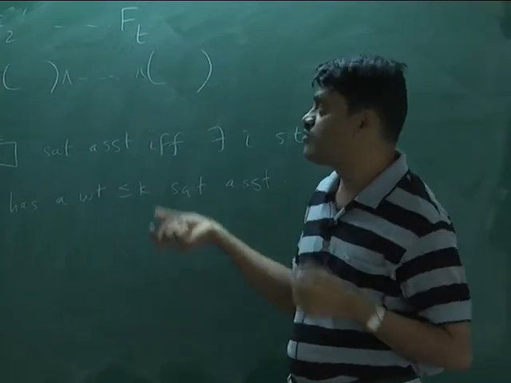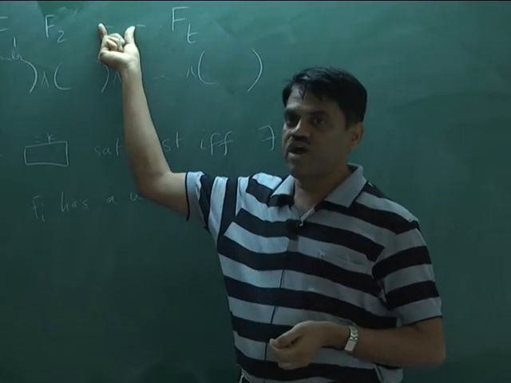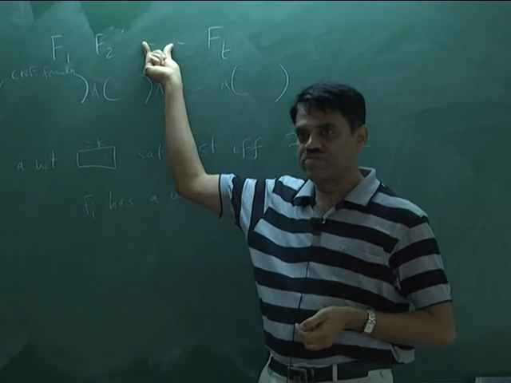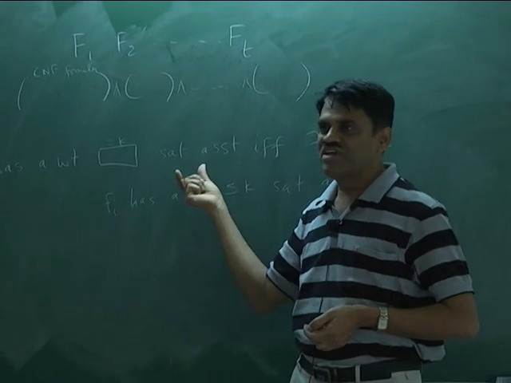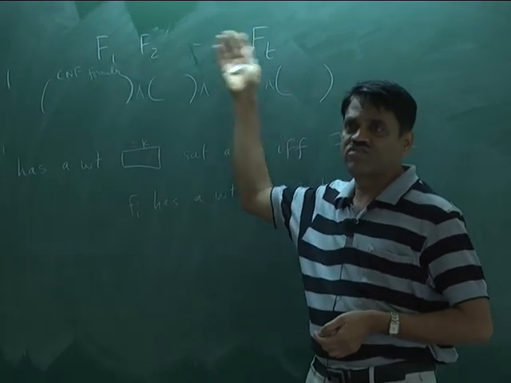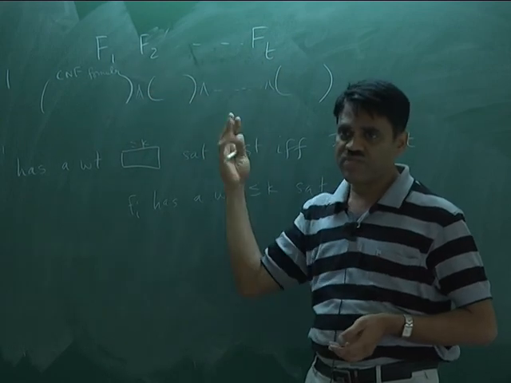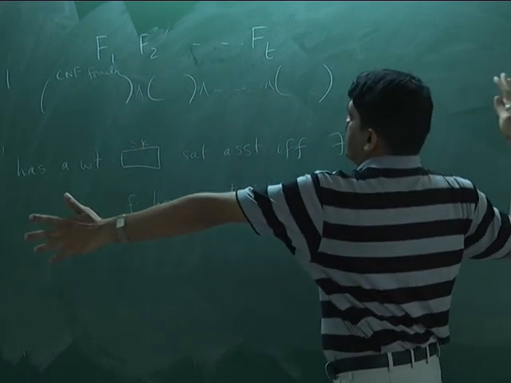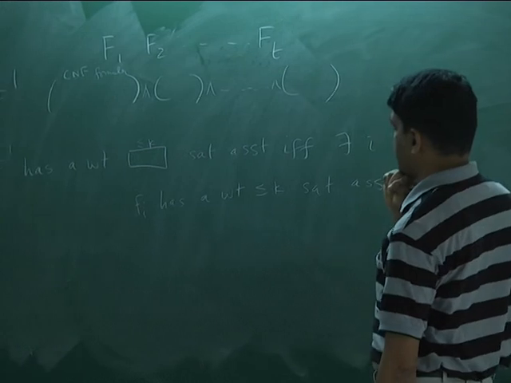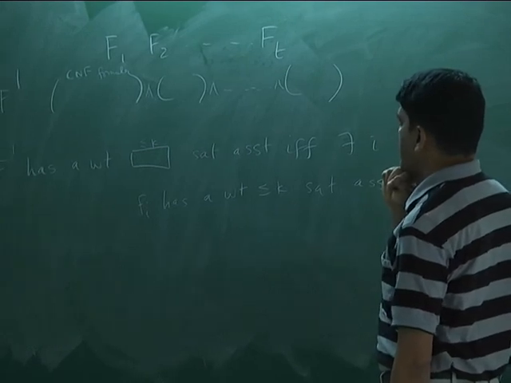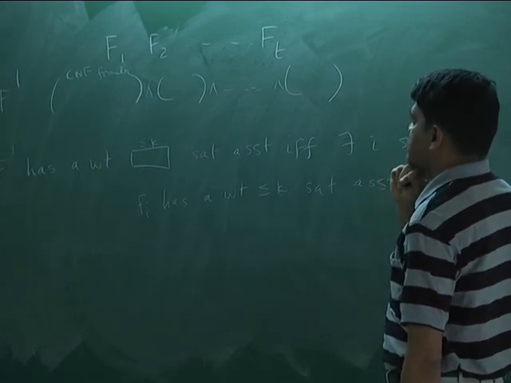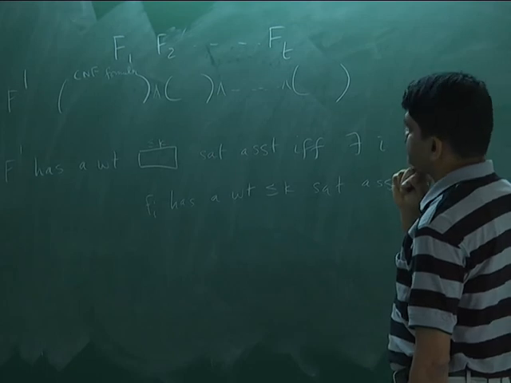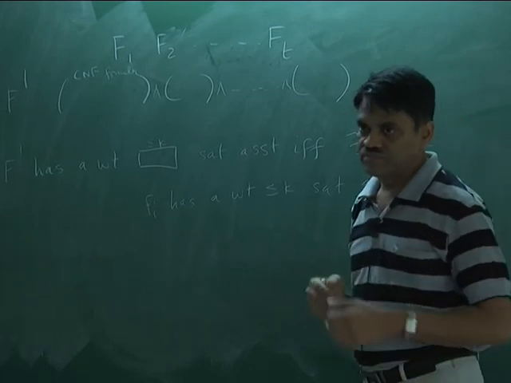If you have some fi which has a weight k satisfying assignment, if I use the same assignment, there is no reason it will satisfy any of the other clauses as well. Similarly, does it work in the opposite direction? It works very strongly actually, right? How can you just rename the variables like that?